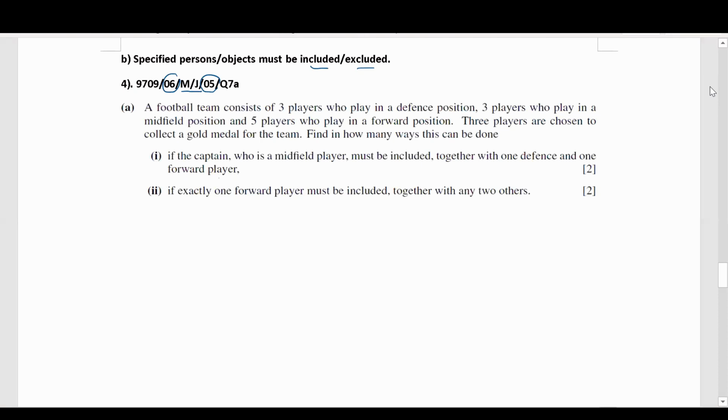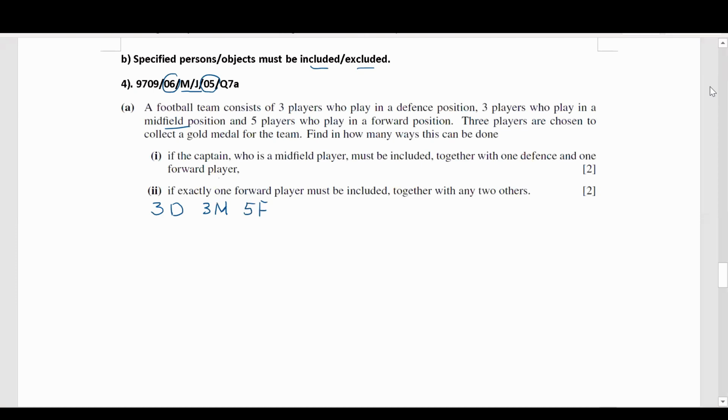A football team consists of 3 players who play in defense positions, 3 defense. All right, 3 players who play in midfield positions, 3 midfield. And 5 players who play in the forward positions, 5 forward.